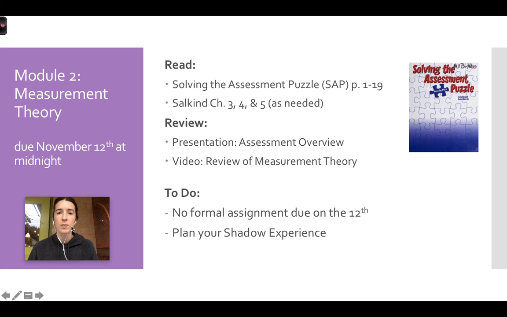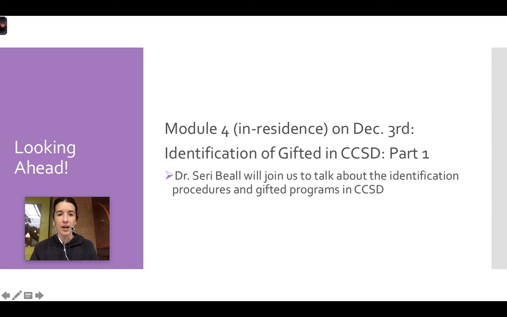Do plan your shadow experience. We end this course, I think, January 28th. And I know holidays can get crazy, so make sure that you plan accordingly as to when you're going to make that second classroom observation, and update your journal. As soon as you do, don't forget to document your expectations prior to attending that class, and include a nice critical section at the bottom of that.